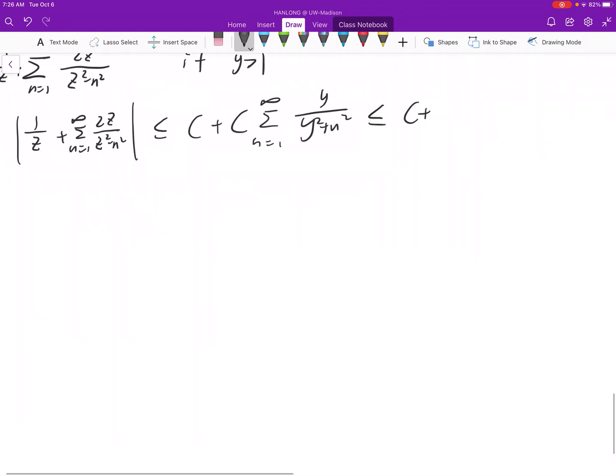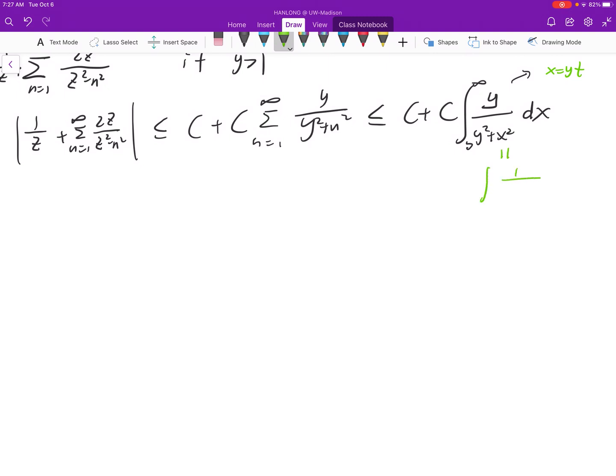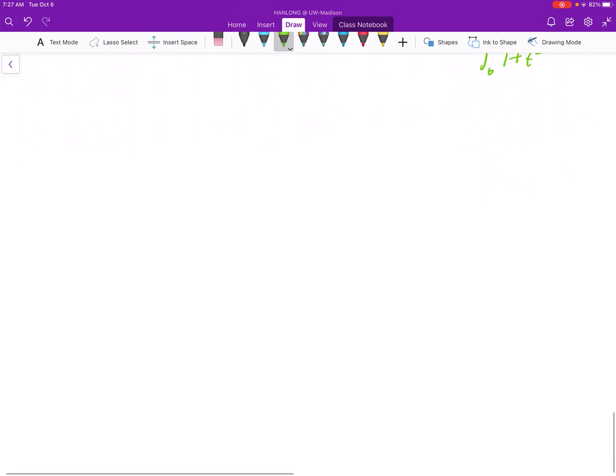And this will be bounded by a constant times the integral of y divided by y squared plus x squared dx. If you change the variable, from 0 to infinity, x is yt, then this integral is the same as the integral of 1 over 1 plus t squared from 0 to infinity dt. So finally this is bounded. Okay, then we are done.